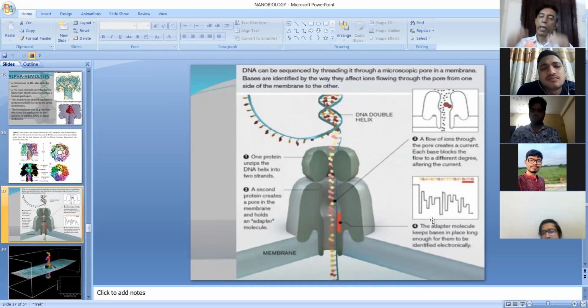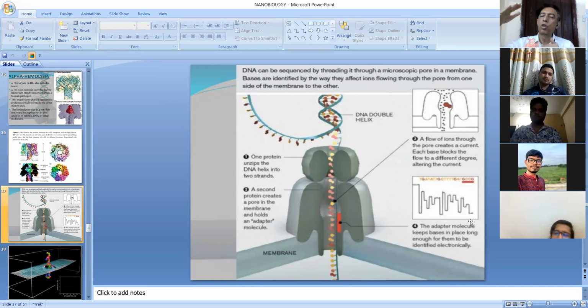So you can tell which type of base is passing through this pore by seeing this spectra. Say first adenine is passing, then guanine, then uracil, then thymine.